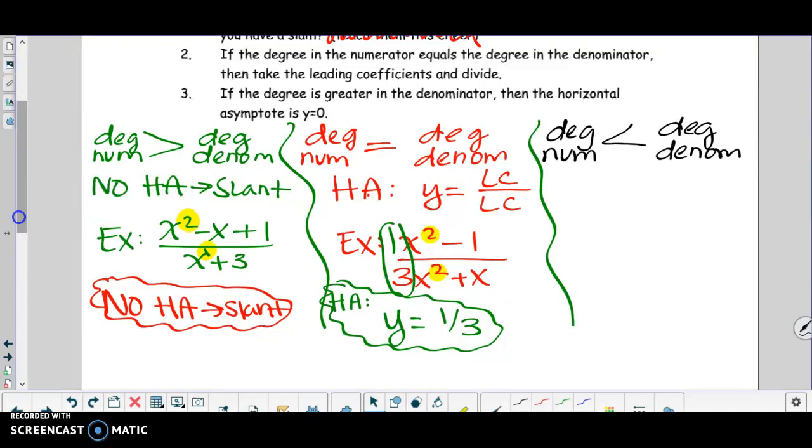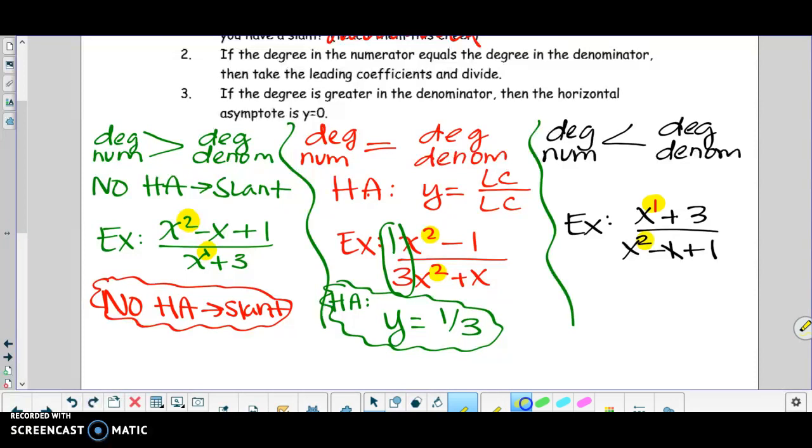So that means I could switch the first example, right? I could do x plus 3 over x squared minus x plus 1. The degree of the numerator is what? 0. Nope. Oh, wait, no. 1. So it's 1 over 2.